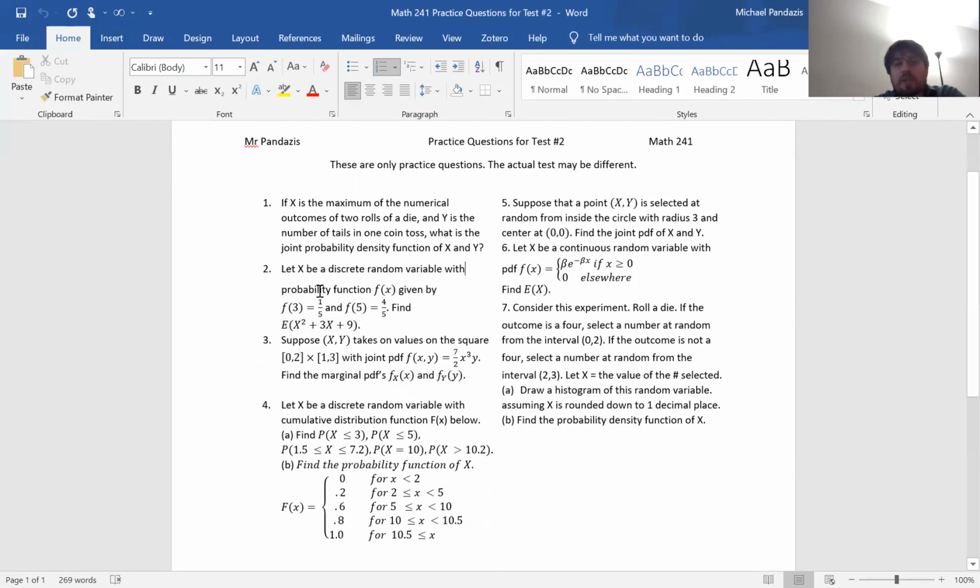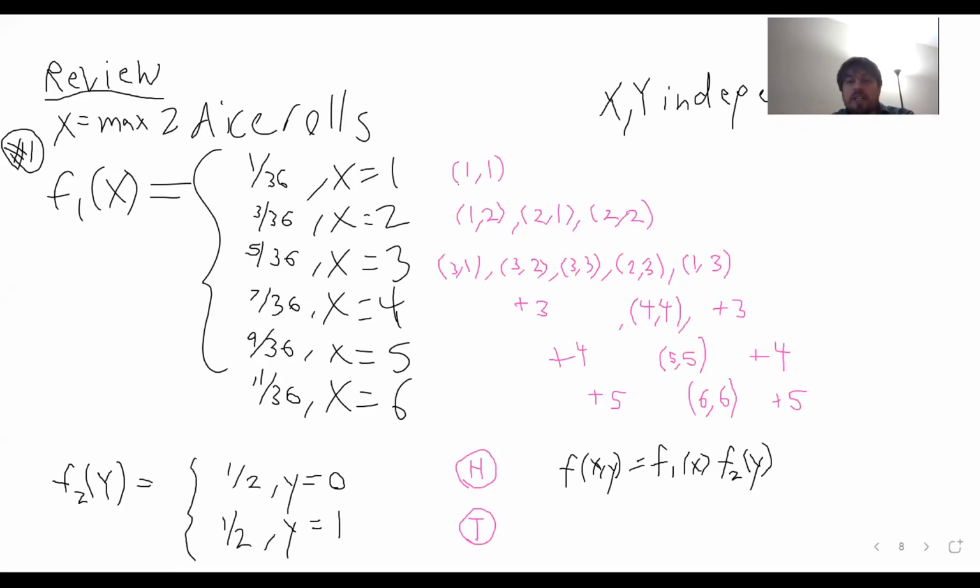Let x be a discrete random variable with probability function f of x given by this. Find this. So we want to find E of this. Okay, so let's go now to 4, 4. For 4, 4, this +3 is referring to, I'm following this pattern here where to the right, the first coordinate is smaller.